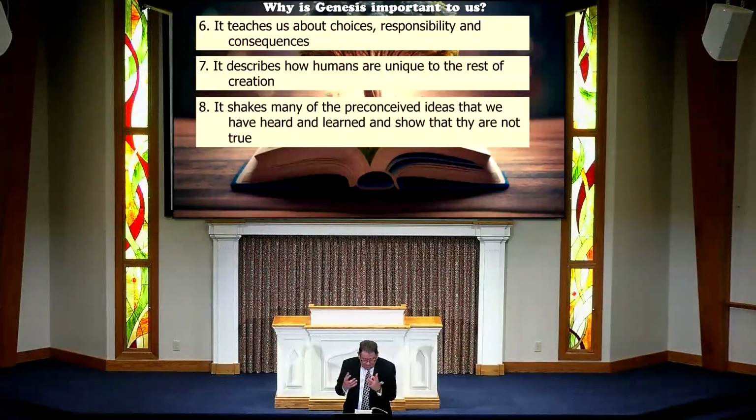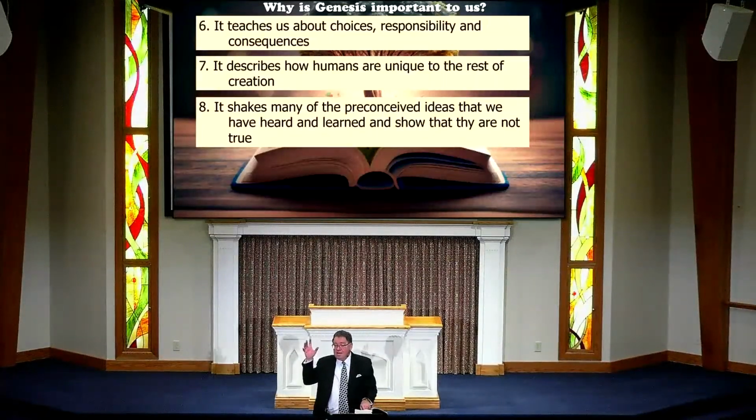Okay. Also notice in verse 9, let the waters be gathered into one place, and let the dry land appear, and it was so. If we had a globe, and I just kind of spun that globe around, and you're looking at this globe, would you say the water's in one place?